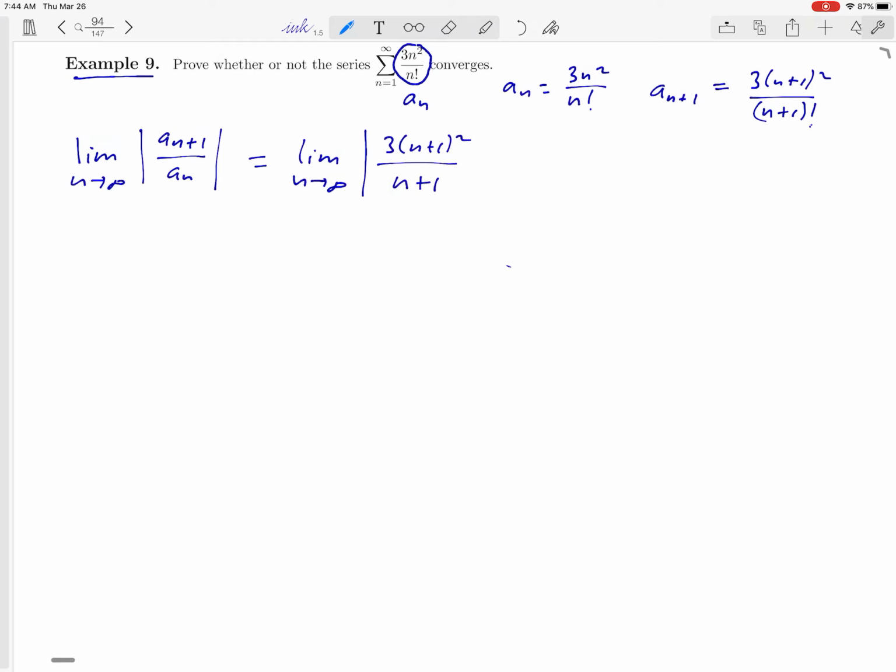Starting with a_(n+1), we got 3(n+1) squared over (n+1) factorial. We need to divide that by a_n, which is the same as multiplying by the reciprocal of a_n. So we take this 3n squared over n factorial and just flip it. And there's the rest of our expression.